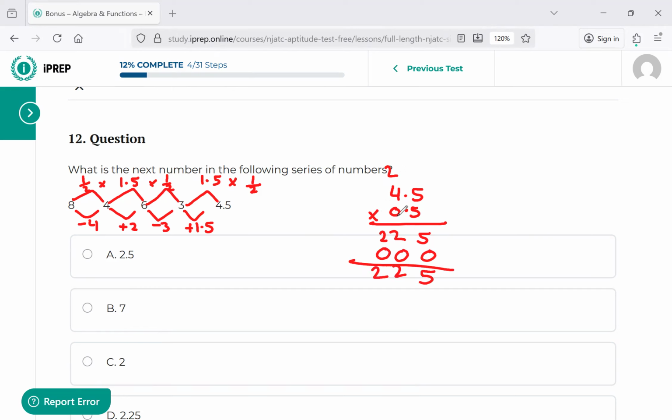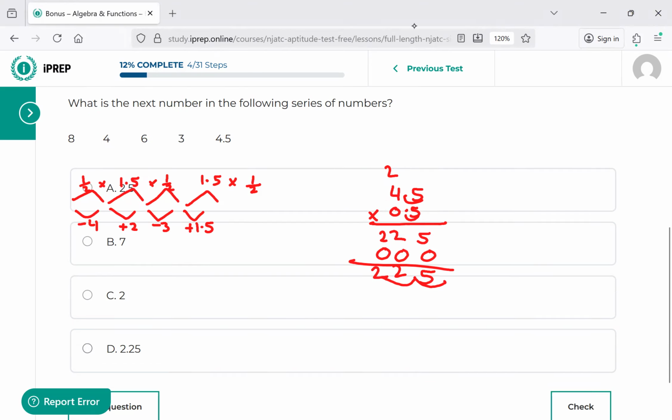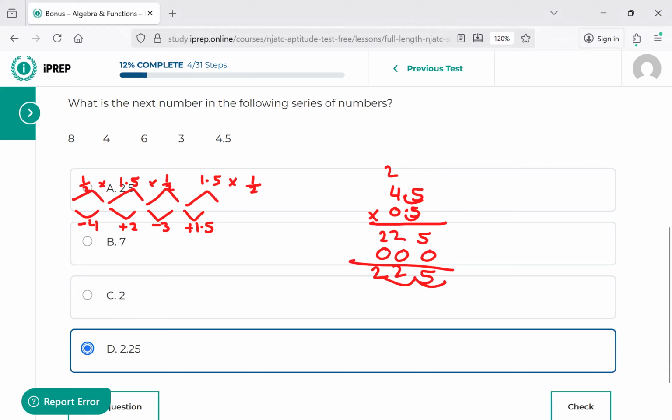So 225. Count how many decimals: 1, 2. So it's D, 2.25. Yep. And as you can see, that was a little trickier one.